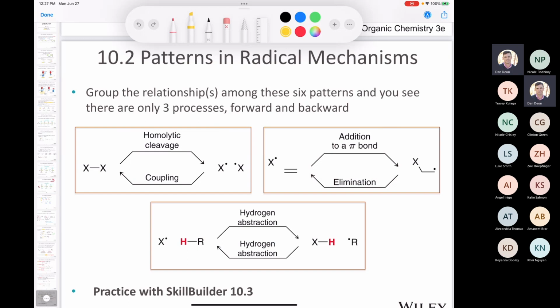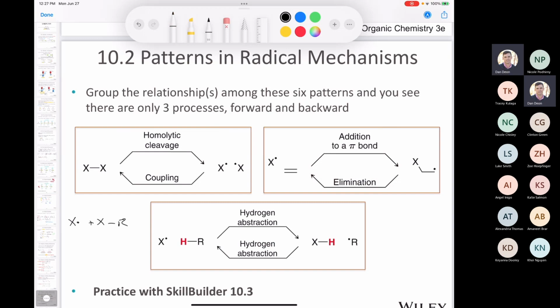But a hydrogen abstraction, one way or the other, is still a hydrogen abstraction. And then a halogen abstraction, again, is something unto its own. So you can kind of break it into 4 patterns, really, the way I look at it. Anyhow, there we go. So halogen abstraction isn't on here, but again, it's kind of its own thing. You know, you take your halogen, okay, so I'll just add it to the list here.